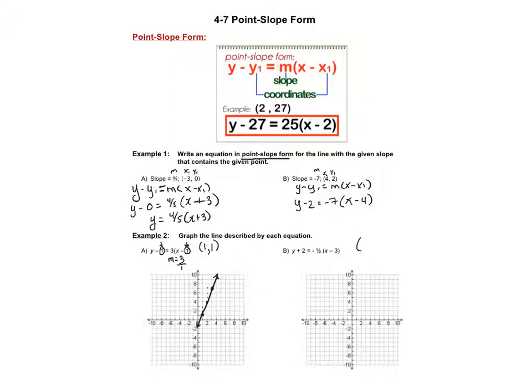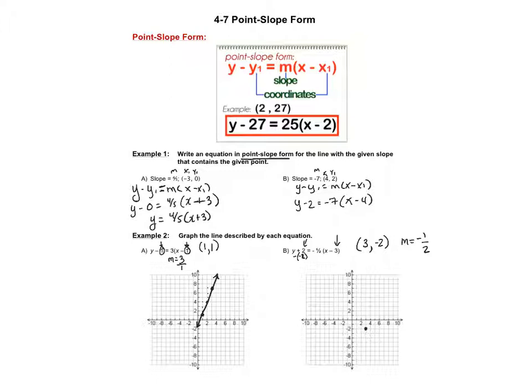Okay, my ordered pair here, it must have been +3 on the x and then a -2 in the y to result in that plus, because it would have been minus -2. And then that's why I changed to the plus. And my slope is -1 over 2. The negative means that either the top or the bottom needs to be negative, but not both. If both were negative in the slope, it would be a positive. So I'm starting at 3, -2.